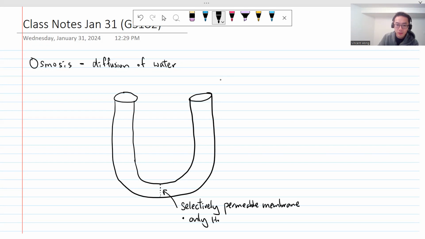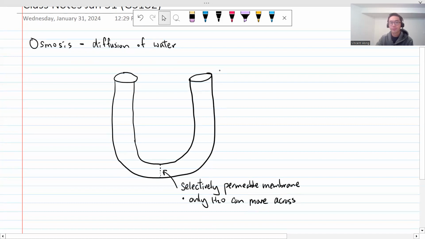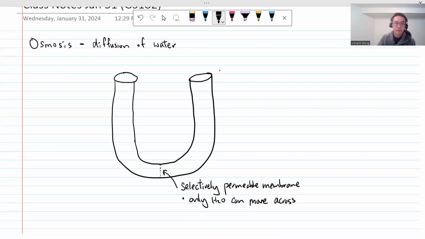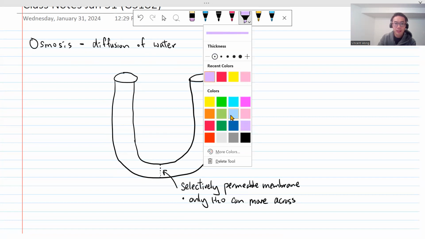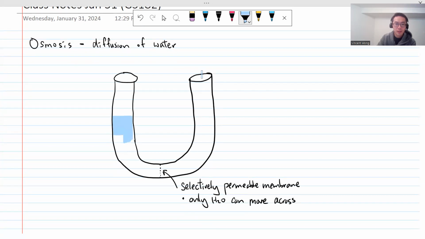Only water can move through, can move across. So I'm going to fill this up with water. I'm going to fill it up with water. There we go.